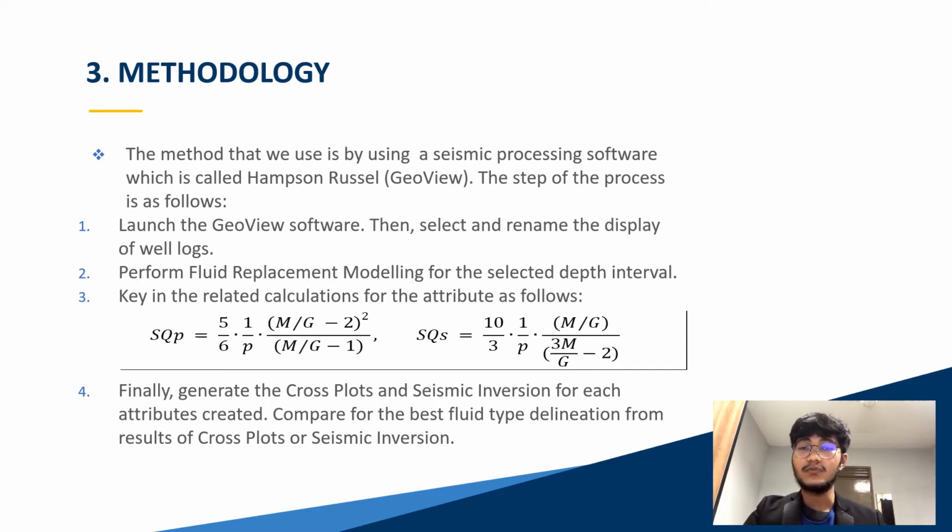Second, we need to perform the fluid replacement modeling for the selected depth interval. Third, we are required to key in the SQP and SQS equations in the GeoView software. And fourth, we need to generate the cross-plot and seismic inversion for each attribute that we created, and compare for the best fluid type delineation from the result of the cross-plot or the seismic inversion.